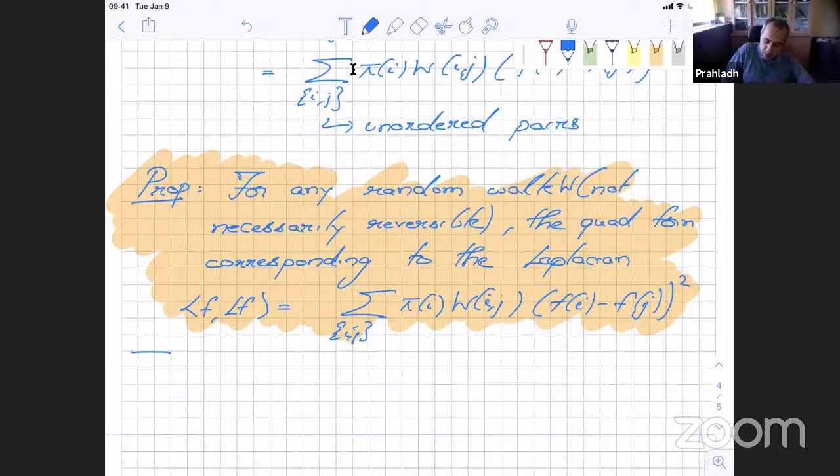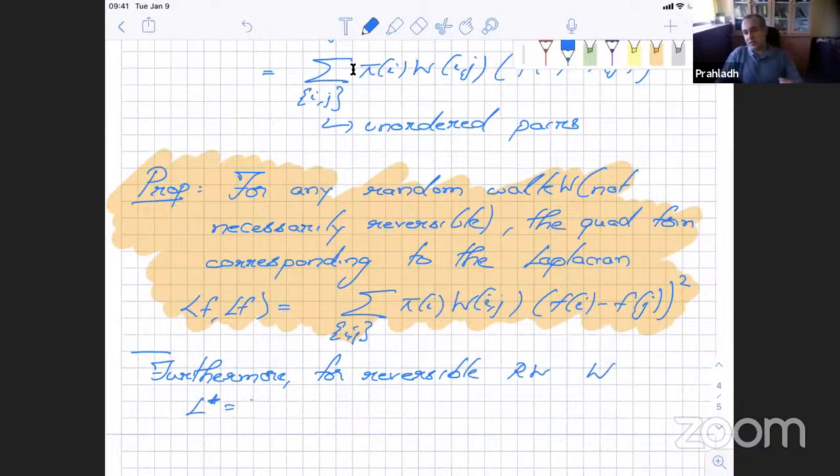Furthermore, for reversible random walks W, L star equals L. So it is its own self-adjoint. When we did this previously, we talked about matrices and said that a matrix should be equal to its transpose, symmetric.